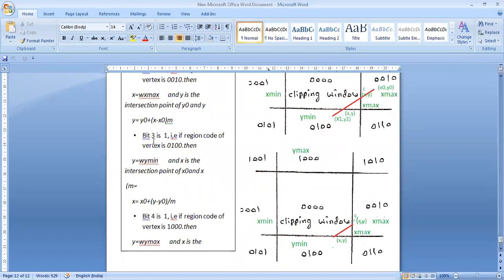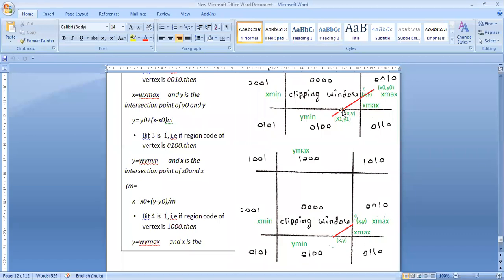If bit 3 is 1, that means the region code of the vertex is 0 1 0 0, and part of my line is below the clipping window. If it is below the clipping window, I can directly get my y coordinate.